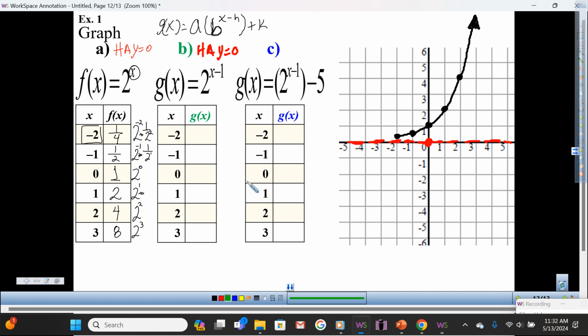There it is. Now I'm going to switch to green. Look up. Since there is no K, that means we don't move it anywhere up or down, right, Maya? As Maya said, up or down. However, tell your neighbor what's going to happen according to that. What's going to happen to that parent function according to that?